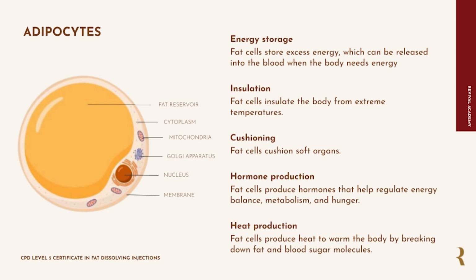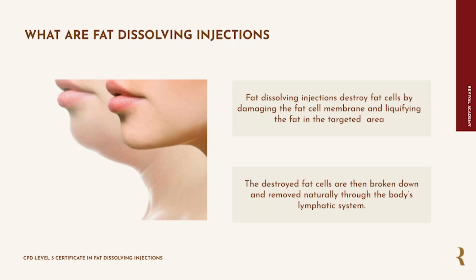Now, how do fat dissolving injections actually work? We did just touch on that. Basically, the fat dissolving injections are designed to break down the fat cells by destroying the existing membrane. And when there's no membrane, the fat cell just turns into liquid. When it turns into liquid, you naturally flush it out through your lymphatic system.